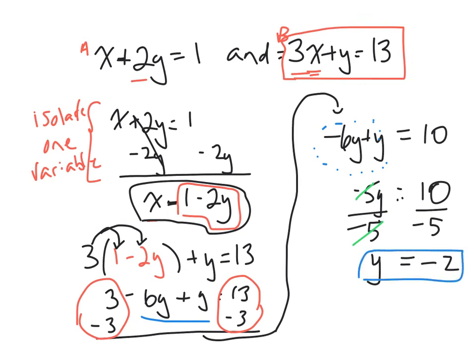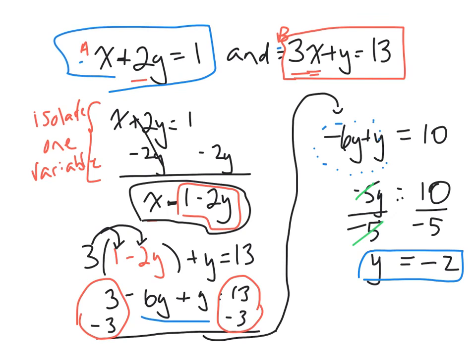And I can substitute it into a or b. It doesn't matter which one you do. Either one will render the correct answer. I'm usually picking the easiest one, or visually inspecting. I'm just going to go and substitute back into a. So I'm now going to substitute again.